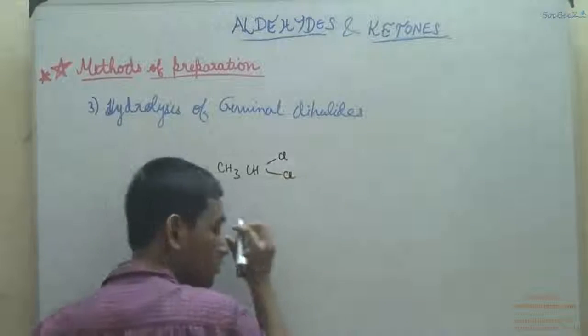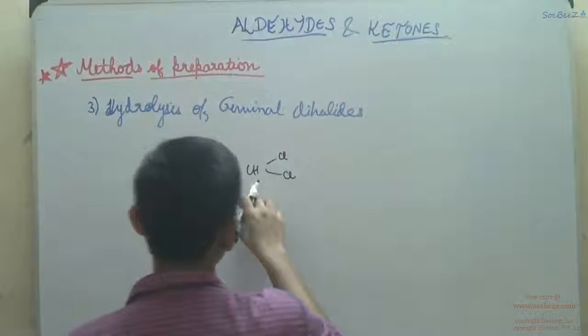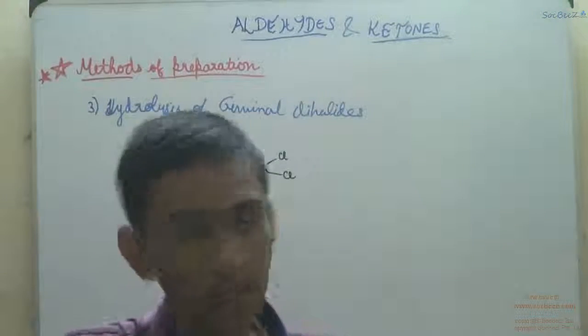Remember, two atoms other than carbon, two functional groups on the same carbon atom, geminal, and on adjacent carbon atoms, vicinal.